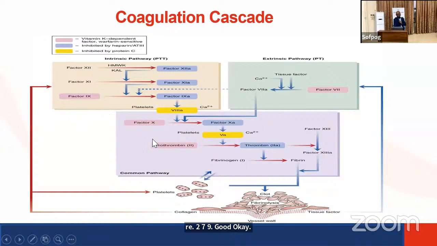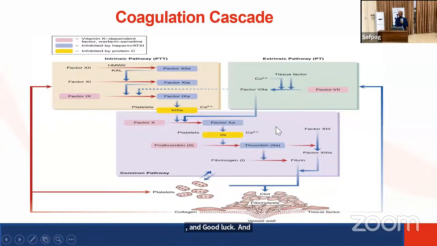Then if you look at the conversion of prothrombin to thrombin, that is where factor 10A acts. So if you look at the direct oral anticoagulants that my colleague did mention, like rivaroxaban, apixaban, and so on, they prevent the conversion of prothrombin by blocking factor 10A.